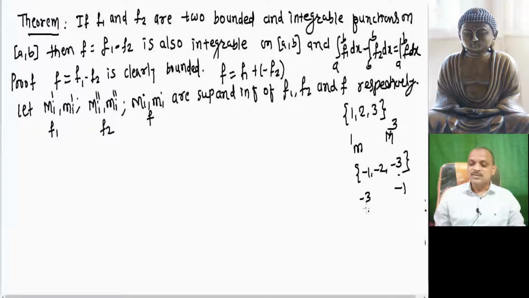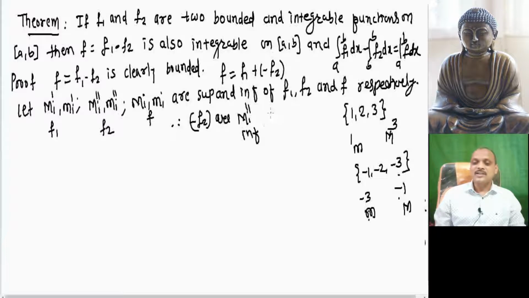So here small m equals minus capital M, and therefore the bounds of minus f2 are: minus small m_i'' is the supremum, and minus capital M_i'' is the infimum of this function.